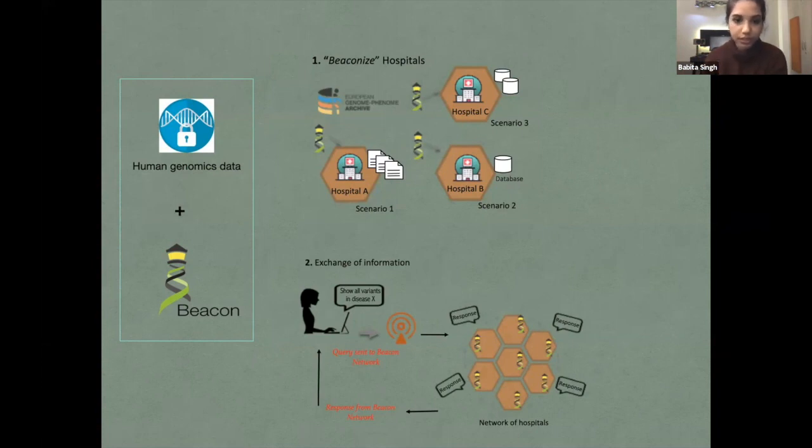So it's a federated model. The data doesn't leave your place. You don't compromise privacy. However, the researchers can benefit from this information.